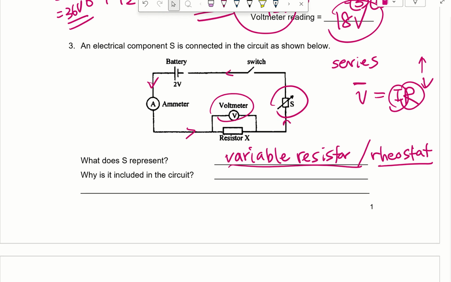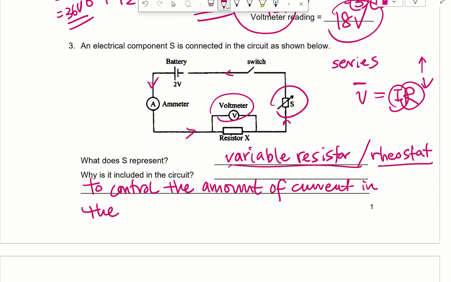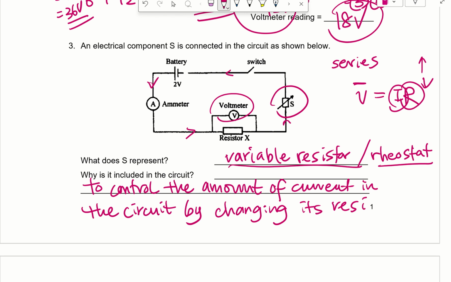Therefore, the purpose is to control the amount of current in the circuit by changing its resistance.